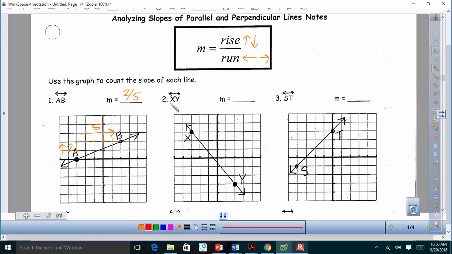Okay? Let's look at the slope of the line XC. So I'm going to start with S, and I'm going to have to go, do I go to the right first or down first? Down. So I go down 1, 2, 3, 4, 5, 6, and to the right 1, 2, 3, 4, 5. Is that right?